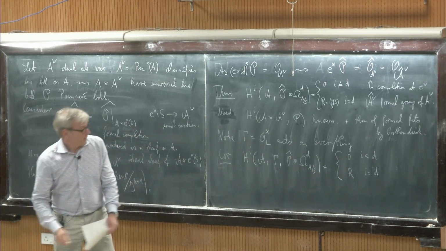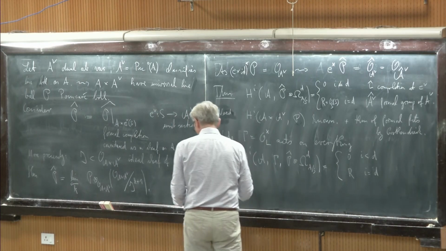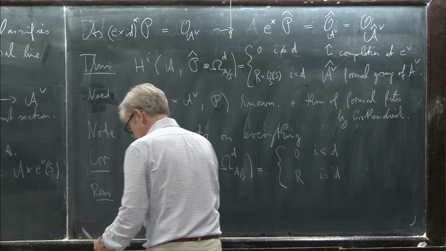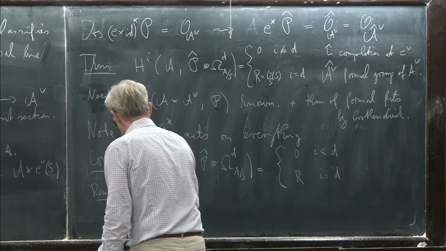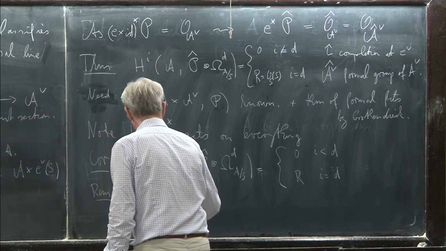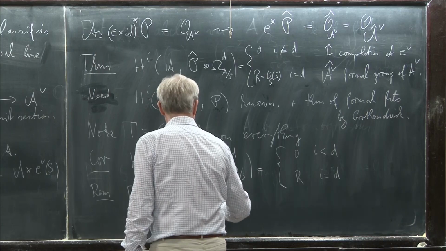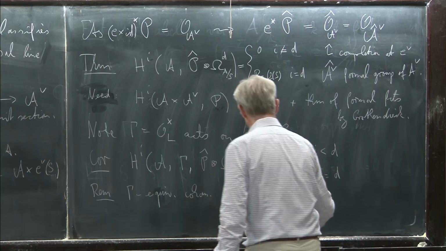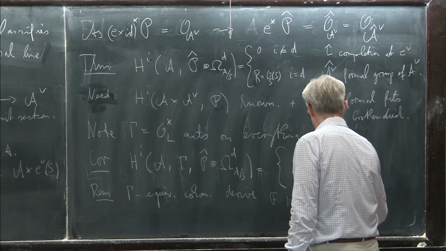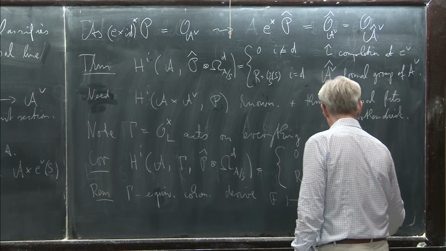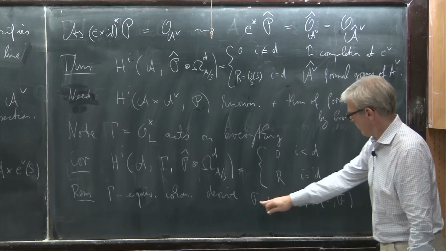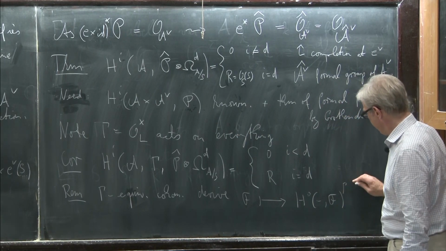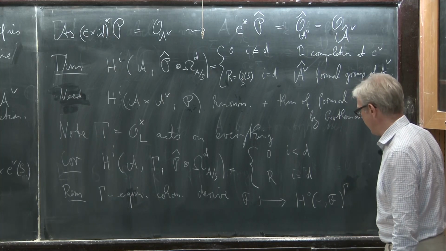So we have that equivariant cohomology. Let me make a remark if you haven't seen this before. The gamma equivariant cohomology you get by deriving the functor F goes to the global sections of your sheaf F, and then, if it is gamma equivariant, which is of course needed to make gamma equivariant cohomology, you take the gamma invariants of that. This is then a gamma module, and you take the gamma invariants.